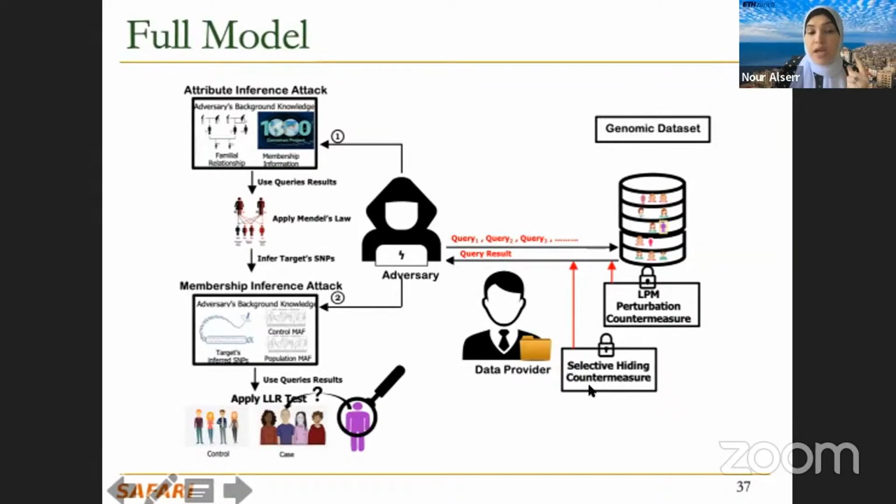We have two countermeasures. The first is to selectively hide some SNPs, and the other is to change the scale in the Laplace perturbation countermeasure. So that's all for today's lecture. If you have any questions, I will be happy to answer.